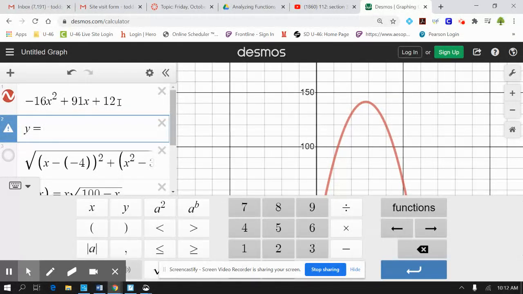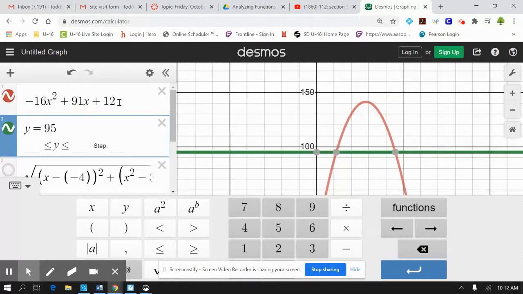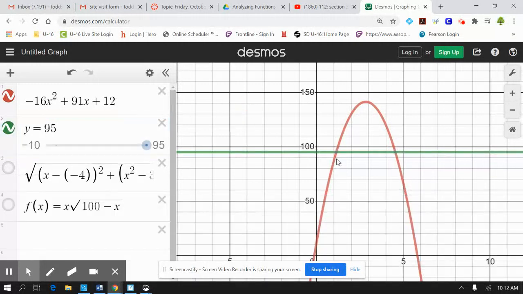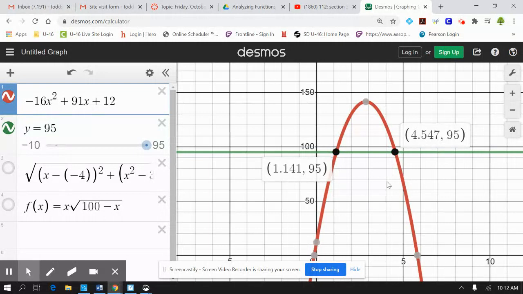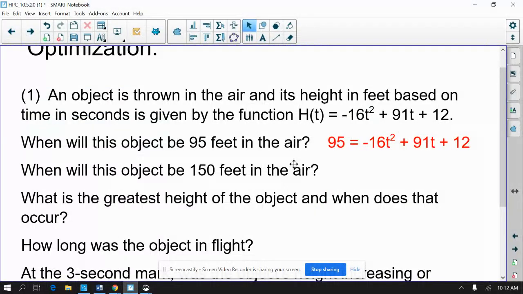So when y is 95, see what I mean? There are 2 x values when y is 95. So if I throw this object in the air, it's going to be 95 feet in the air at 1.14 seconds after I throw it and 4.55 seconds after I throw it. So that would be the answer.